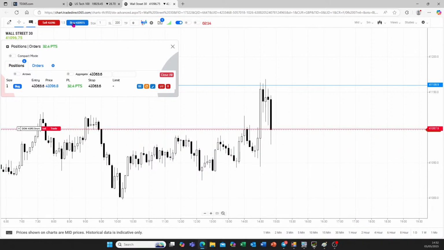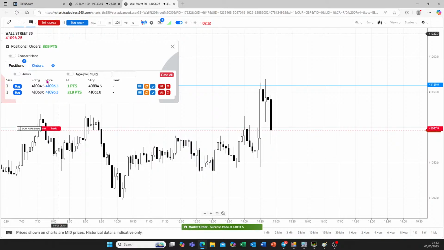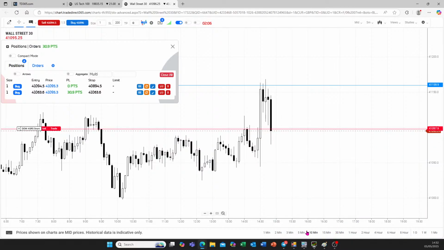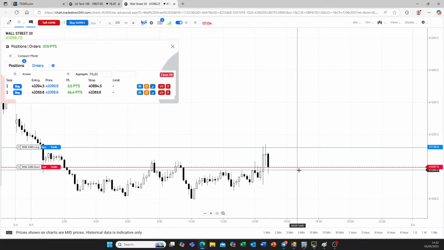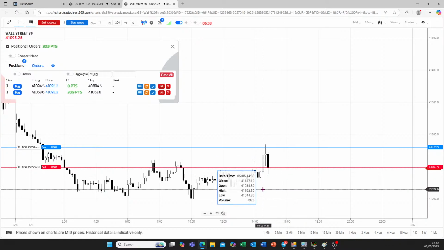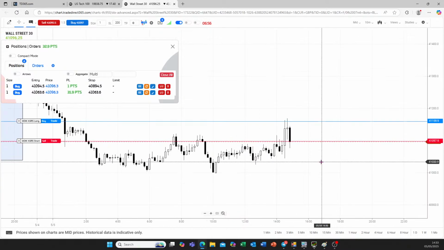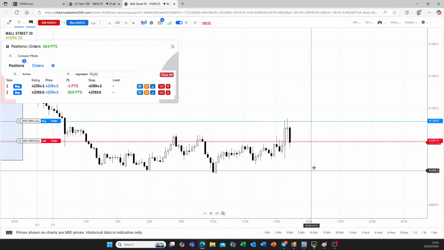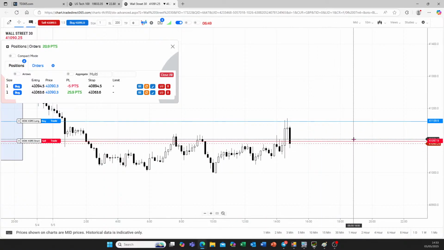I would like to be a buyer of the Dow. I'm buying my Dow here at 41,094. I'm doing it because I want to be a buyer near where the open was. The first candle here had a low at 41,102, and I'm a buyer below this bar, expecting further upside.